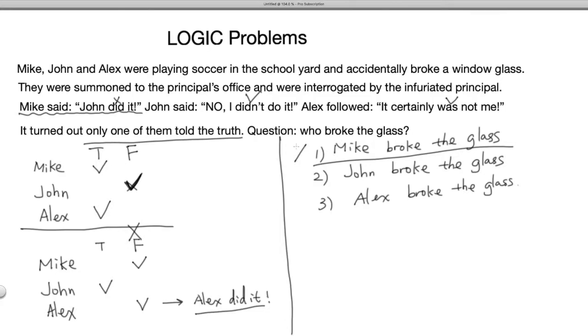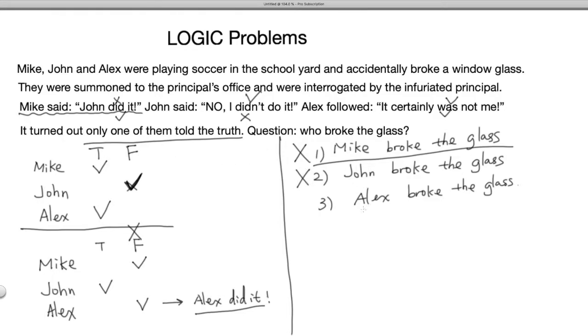So Mike did not break the glass. How about John? John broke the glass. John did it, so Mike is correct, telling the truth. John is telling a lie. But Alex said it certainly was not me, and because John did it, he was also telling the truth. So then again, two people are telling the truth. That's inconsistent with the fact.